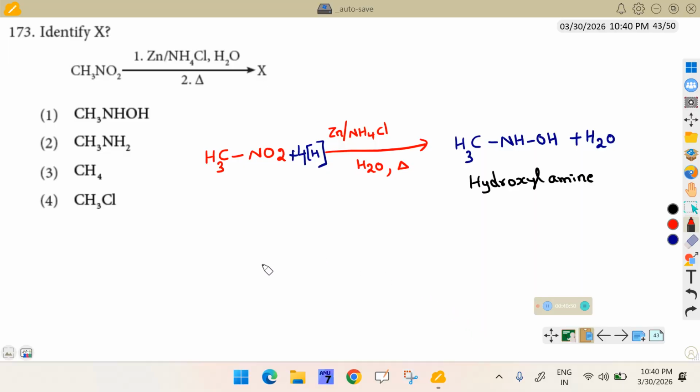Identify X in the following reaction. CH3NO2 reacts with Zn, NH4Cl, further heating, then it gives hydroxylamine. Nitro groups undergo reduction, giving hydroxylamines.